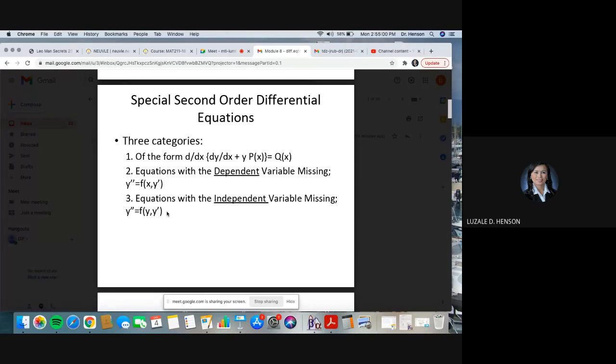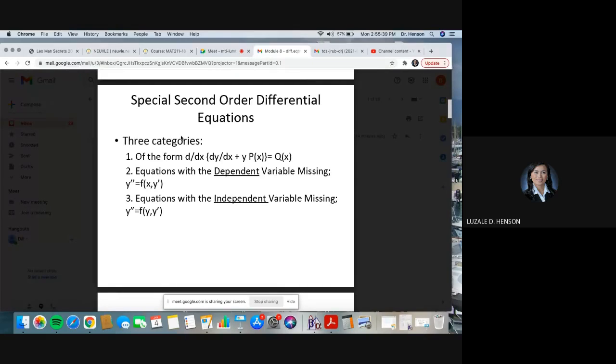In symbols, you may see y double prime or d squared y over dx squared, so that to be able to arrive at the solution, you will have to undergo two, or twice, integration process. So you will have to integrate two times, which means that your general solution will contain two arbitrary constants. We call that C sub 1 and C sub 2.